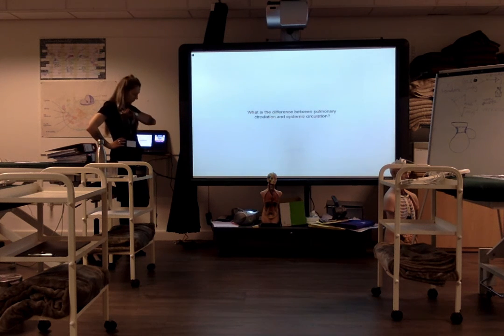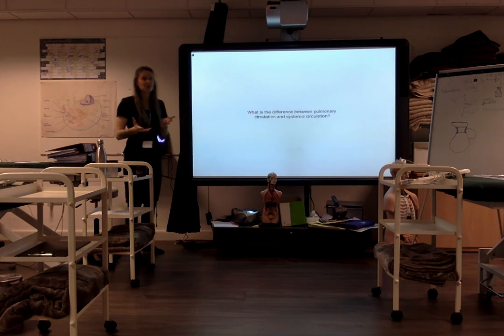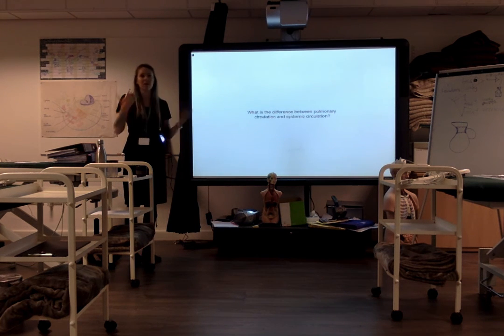What's the difference between pulmonary circulation and systemic? Pulmonary is going to the lungs, heart to the lungs, lungs to the heart. It's what we did last week. Pulmonary circulation is really involved with the respiratory system. We're looking at systemic circulation. It's your whole system circulation, going around the whole body.